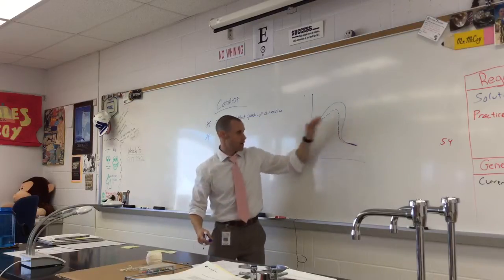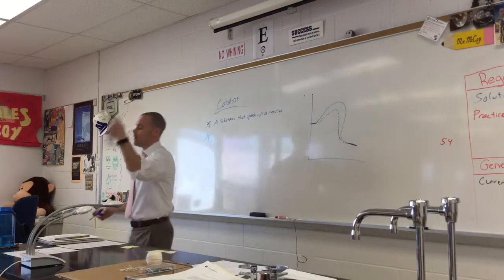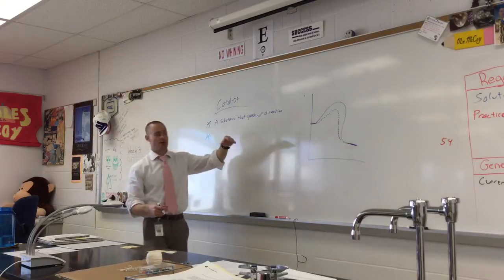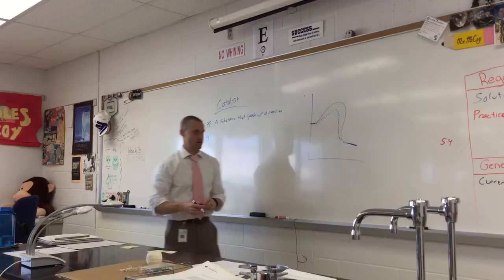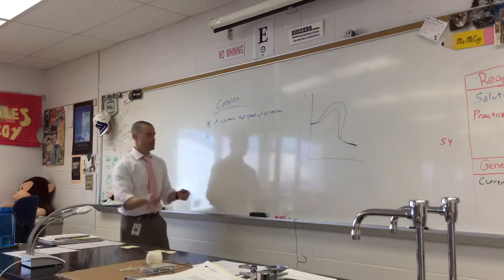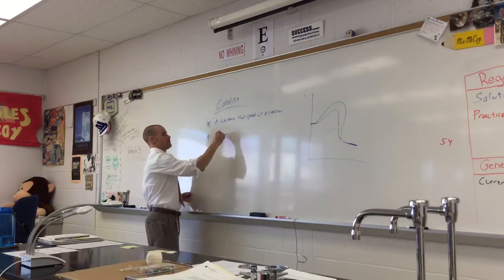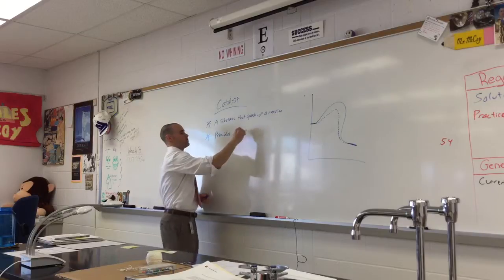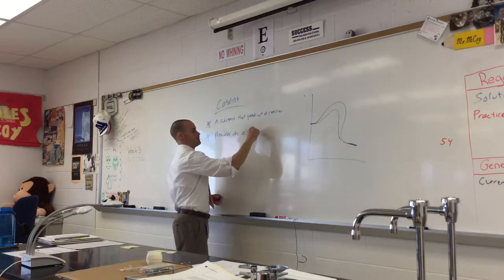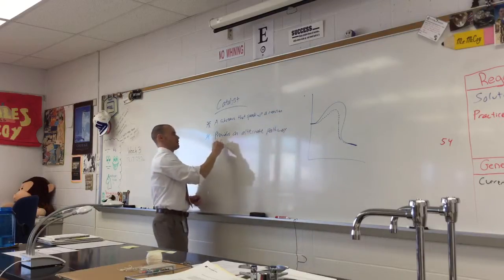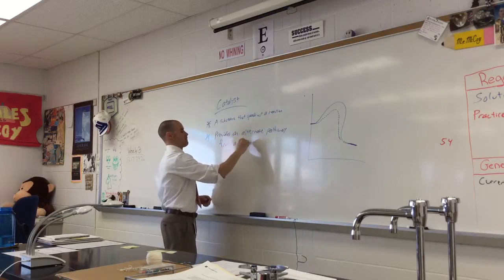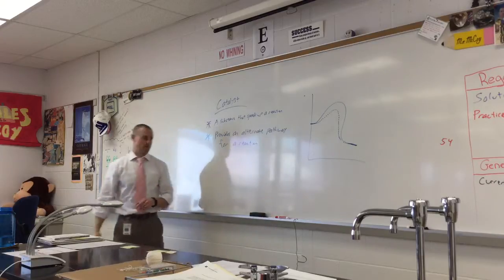It has to start and end at the same spot as the other reaction. The middle part is where it's lower. Okay, that's how you draw a catalyst. What does it do? It provides an alternate pathway for a reaction. That's what a catalyst does.